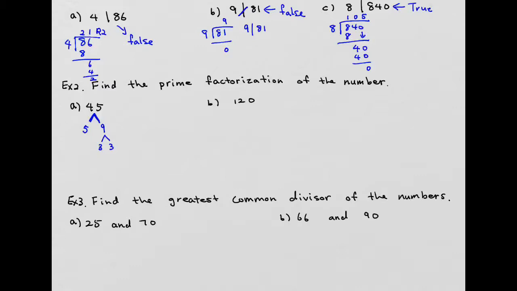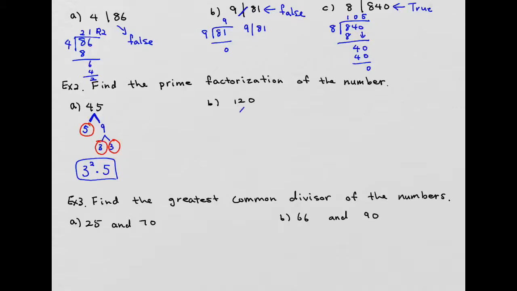So what's left here? 5 times 3 times 3 will be 45. And that's your prime factorization for 45. And you should be able to write it as 3 squared times 5 as your prime factorization. Let's try that one more time with 120.